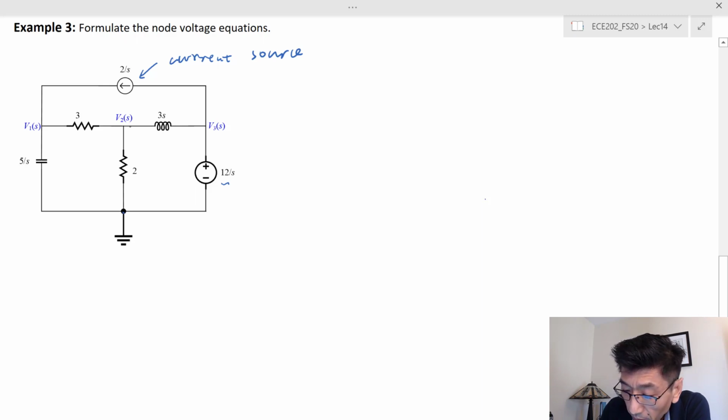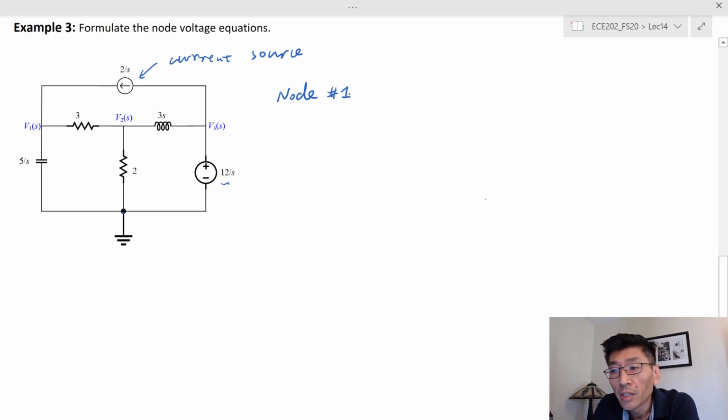So the rest of it, we can still write the node voltage equation at node number 1 just as we did before. In this case, it's hard to directly write the matrix form by inspection because we have this voltage source here. So we just follow the basic steps. We write the KCL equations at each node.